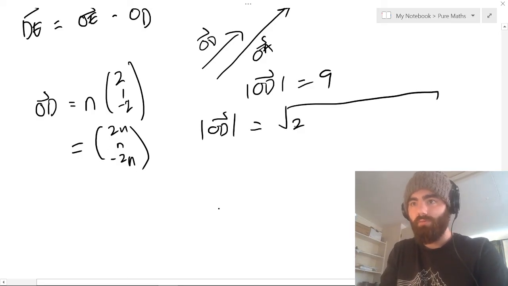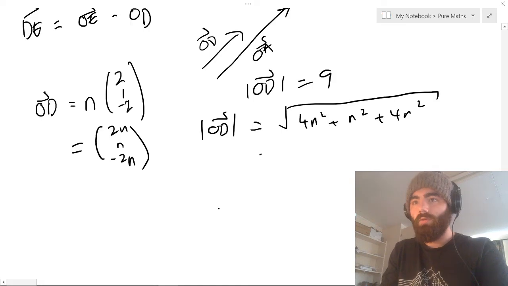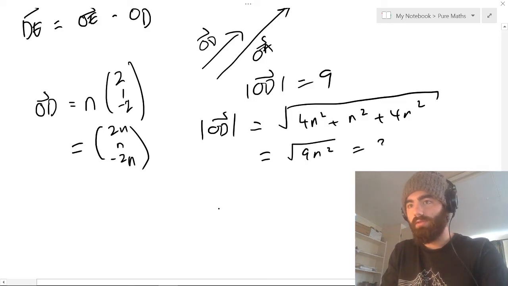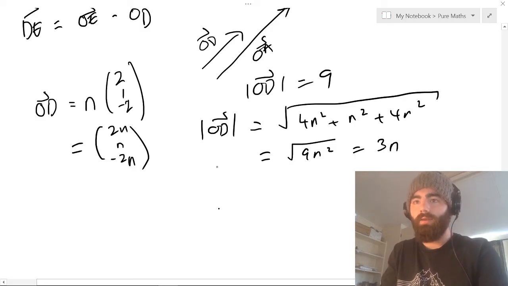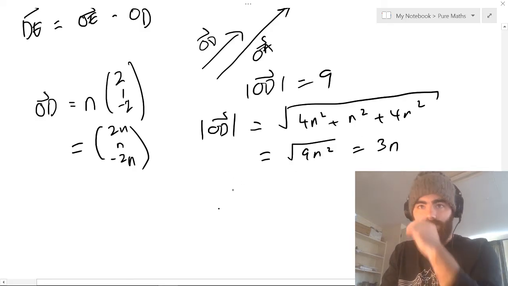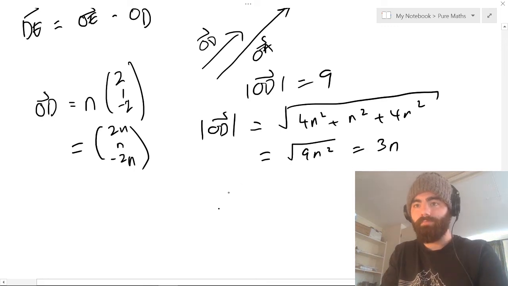Which is 4n squared plus n squared plus 4n squared, which equals the square root of 9n squared, which is just 3n. So then we can find our n for this case, which is 9 equals 3n.